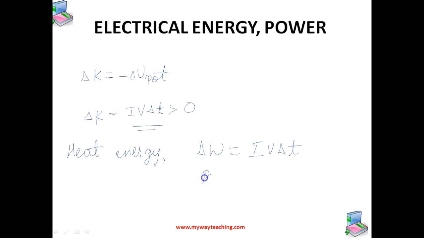That is P is equal to delta W by delta T. So we can say P is equal to IV.